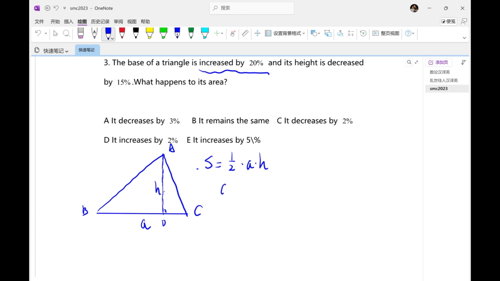The base of the triangle is increased by 20%. It means the new A, we make it A1 to make a distinction, and A1 equals A times 1 plus 20%. And its height is decreased, so the new H1 equals H times 1 minus 15%.